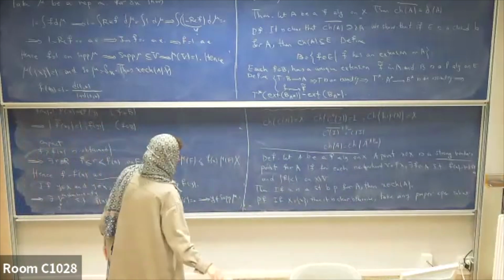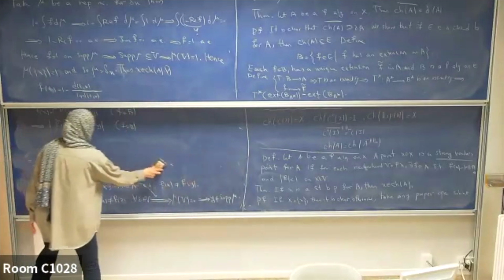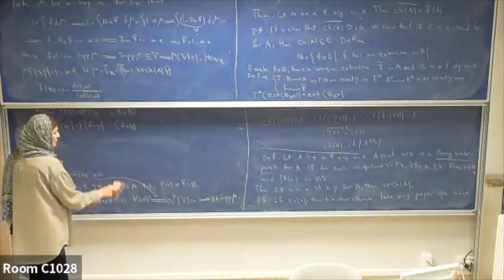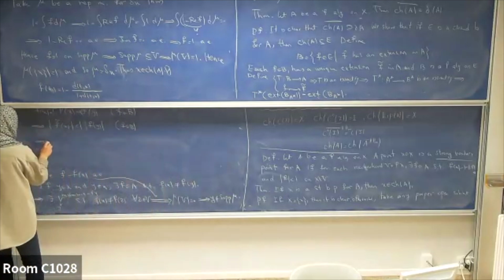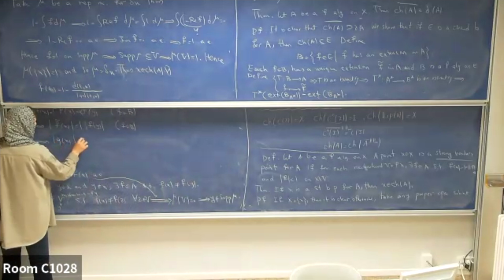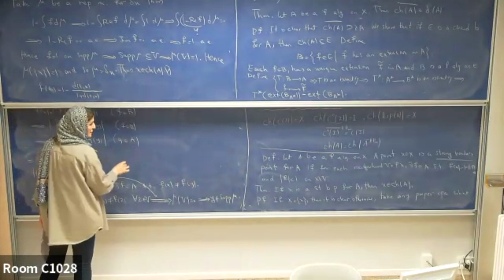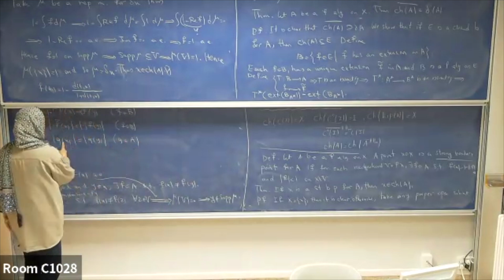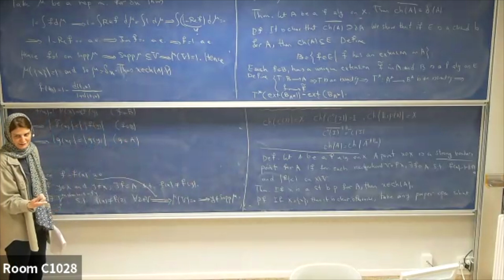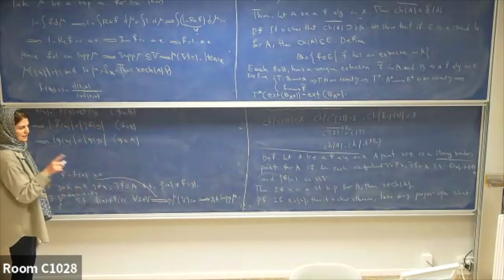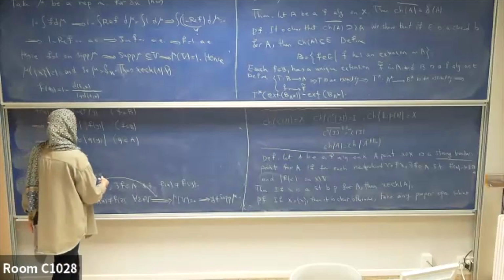Especially for each g, for example, in A, the absolute value of g of x is g of y. But I separate the points. Of course, I told you g of x is not the same as g of y, but it's really easy to check that with just constants, with absolute value, they of course separate the points.